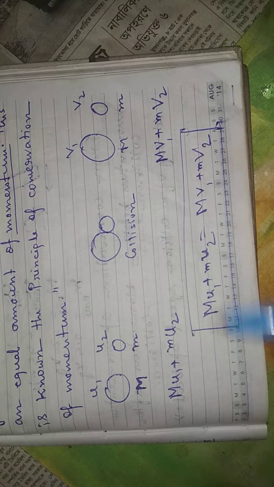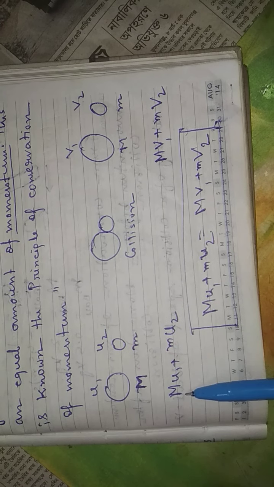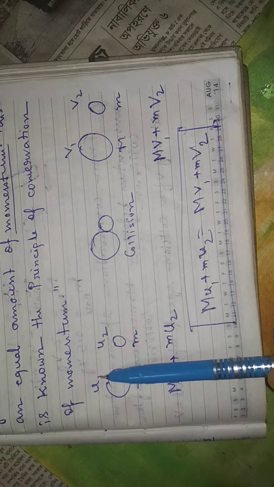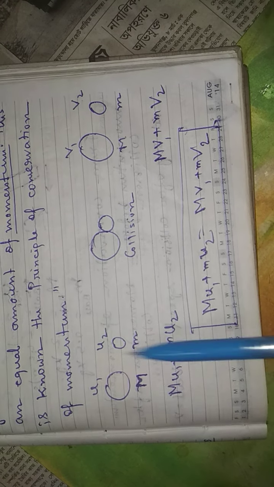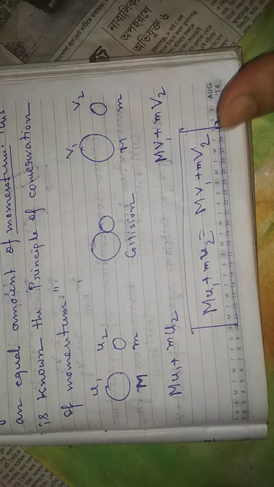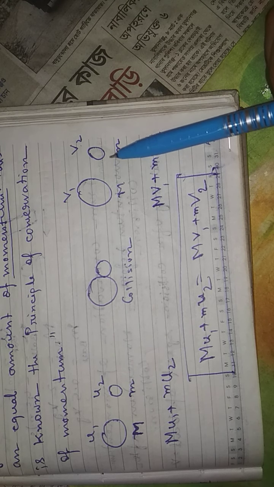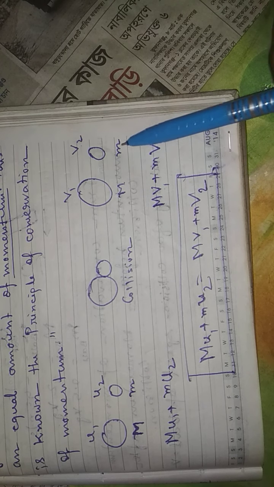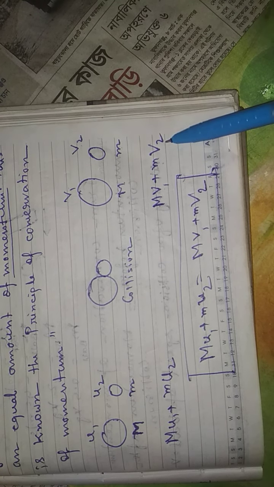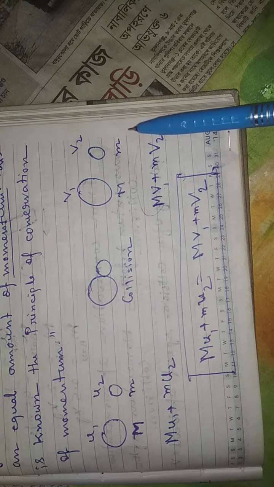So according to the conservation of momentum, before collision the total momentum of the system is m1 u1 plus m2 u2, and after collision the total momentum of the system will be m1 v1 plus m2 v2. So this is the total momentum of the system after collision.